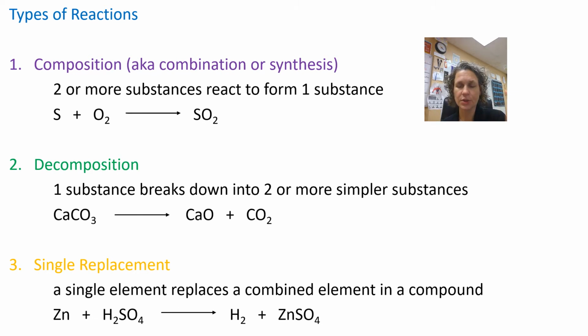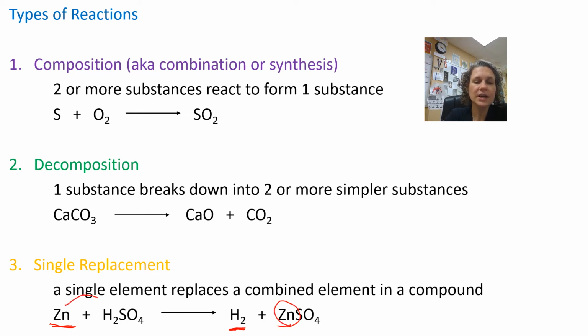Okay, so third type of reaction, single replacement. In a single replacement reaction, you have a single element. So in this case, you have zinc, and it is going to replace something in the compound. If you look at what happens, you end up with some hydrogen as a product, and notice now here's that zinc, but it's in the compound.